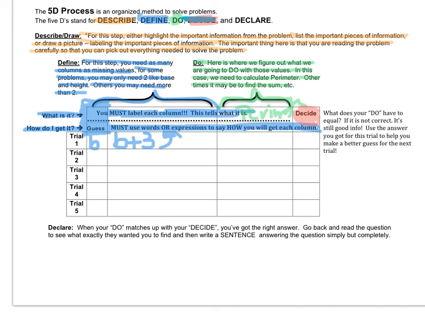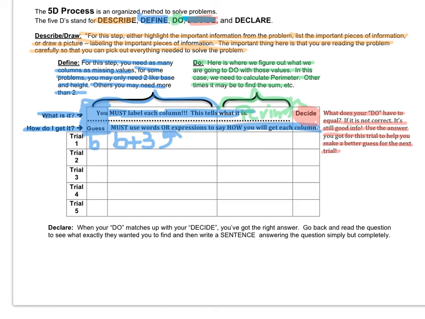So the decide column says here, what does your do have to equal? That's in the problem. If it's not correct, that's okay. It's still good information. We need to use the answer you get for this trial to help you make a better guess for the next trial. And then soon you'll be able to focus in and you'll get the exact answer.